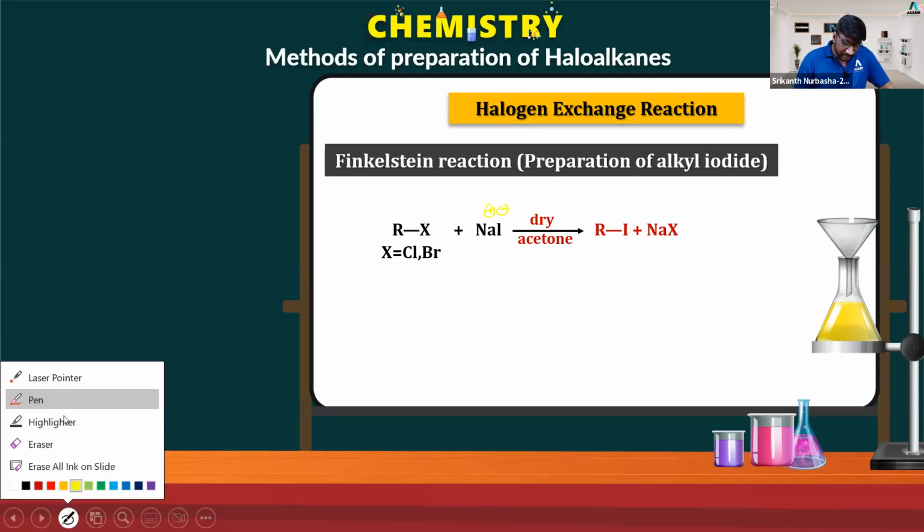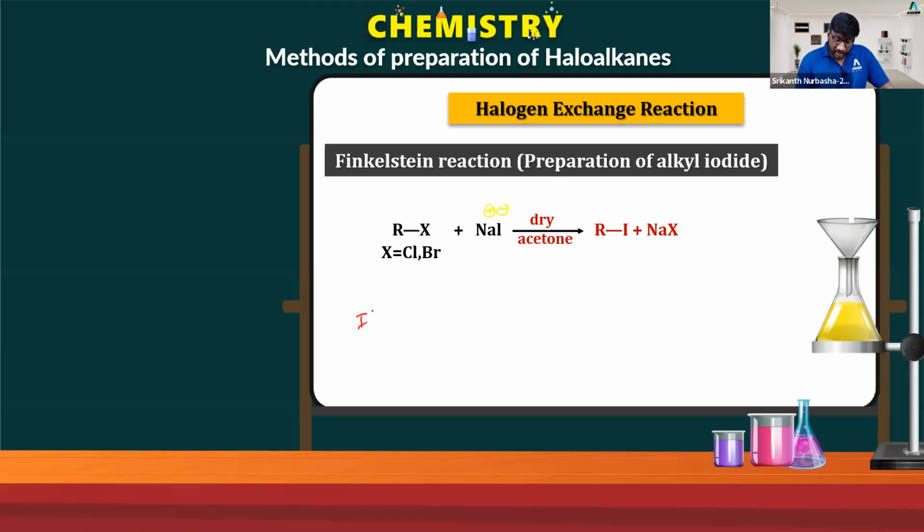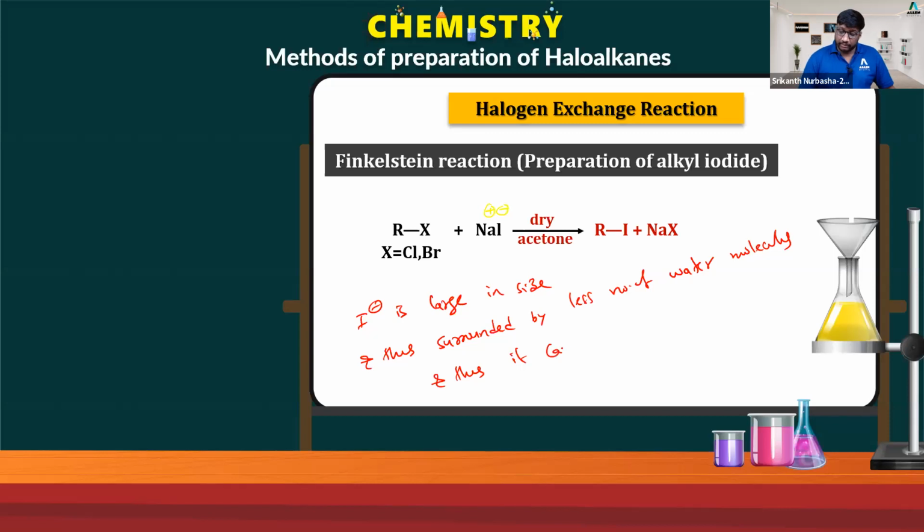I minus is large in size and thus surrounded by a smaller number of water molecules, and thus it can attack the electrophilic carbon.